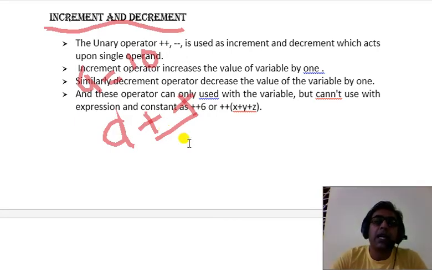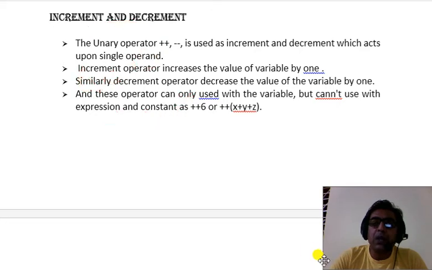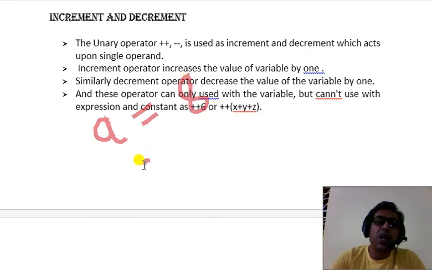Similarly, if we want to decrement the value of a variable by 1, then we use the decrement operator. For example, a is equal to 8, and now I want to decrement the value of a by 1, so we will use a minus minus.